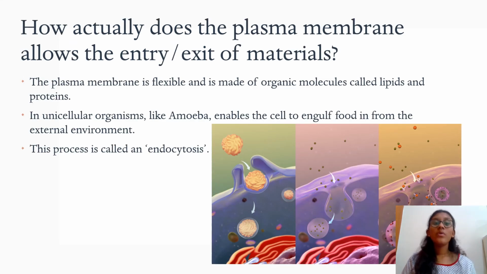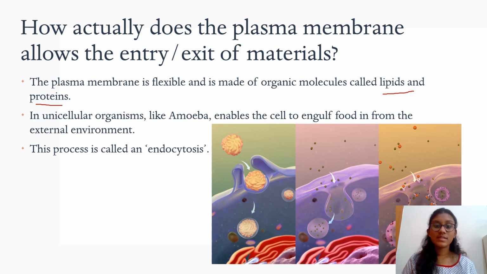Now, how does the plasma membrane actually allow the entry or exit of materials? The plasma membrane is flexible and is made up of organic molecules called lipids and proteins. In unicellular organisms like amoeba, this enables the cell to engulf the food from the external environment.